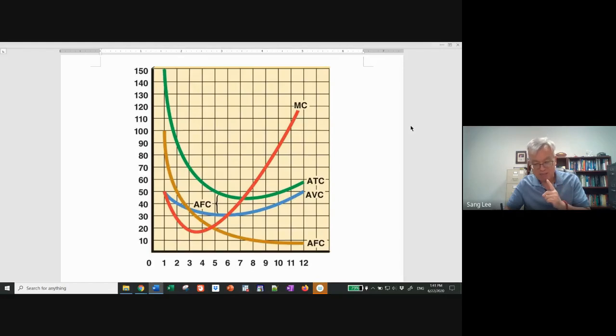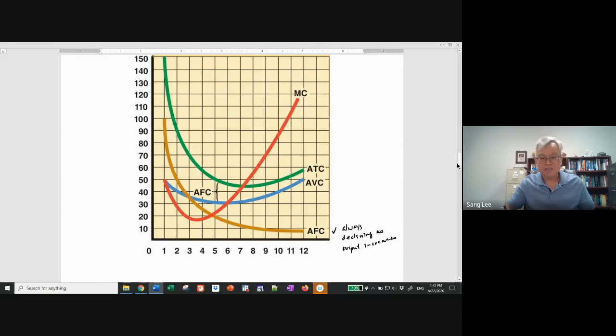It never rises as output increases. Okay, so that's confirmed. So it is always declining as output increases.